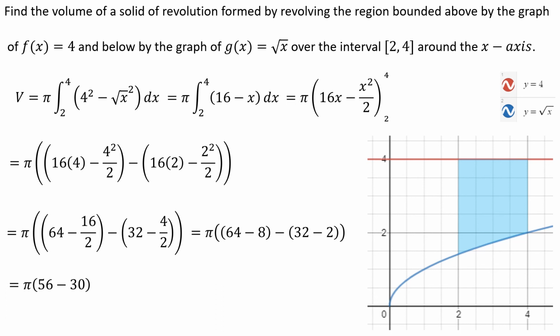So finally, I'll take that 56, which is the answer from when I plugged in 4. I'll subtract 30, which was the answer from when we plugged in 2. 56 minus 30 will give me a 26. So 26 pi is the volume as measured in cubic units. Dun, dun, dun.